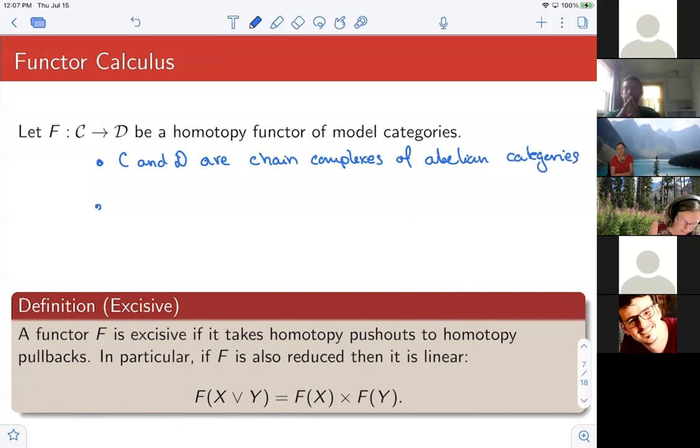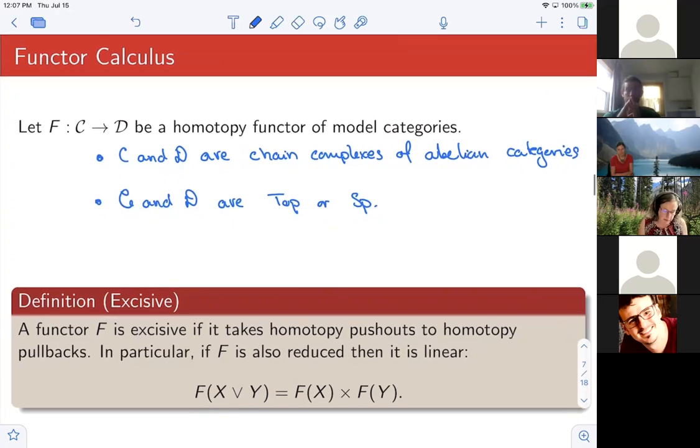Or you can think about C and D are the category of topological spaces, or its related category, the stable category of spectra. Okay, so depending upon who you are, just keep those examples in mind.